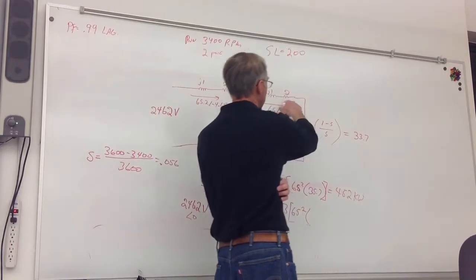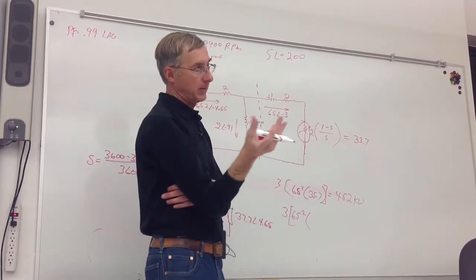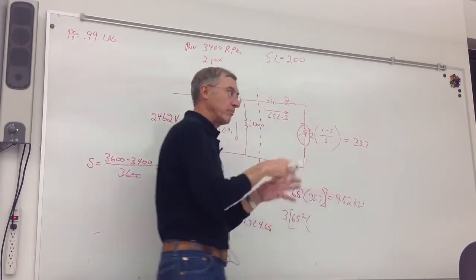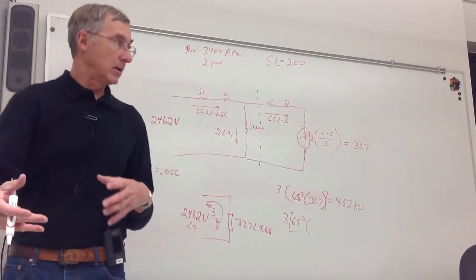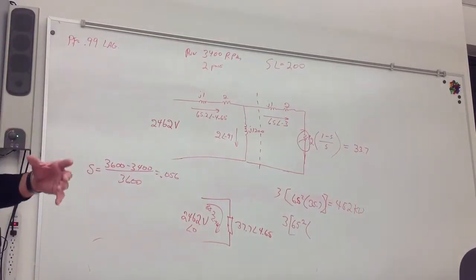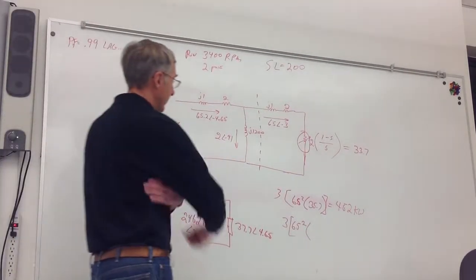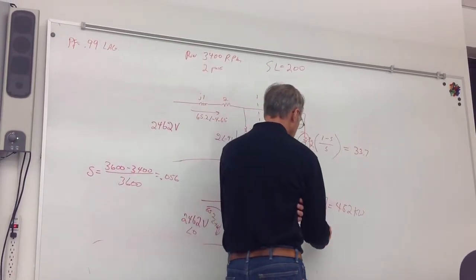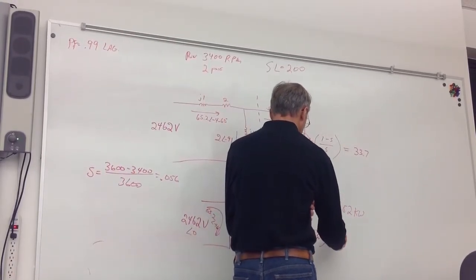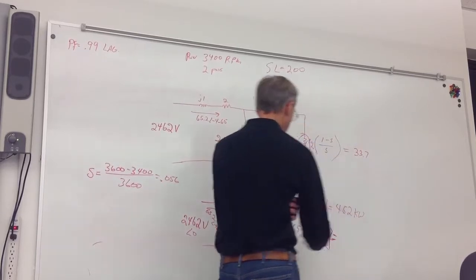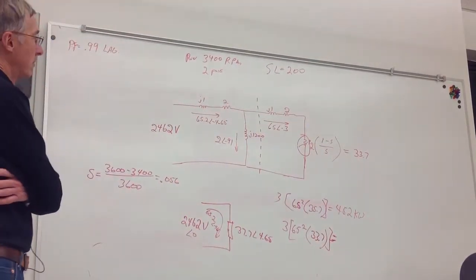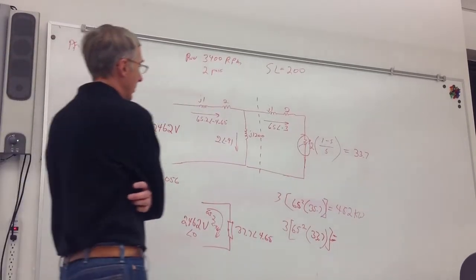This is just losses in the copper. This is modeling the power that's going to do some kind of work, either take care of friction or actually turn my load. So I'm going to take this and multiply by 33.7 because that's the value of the output of my rotor.